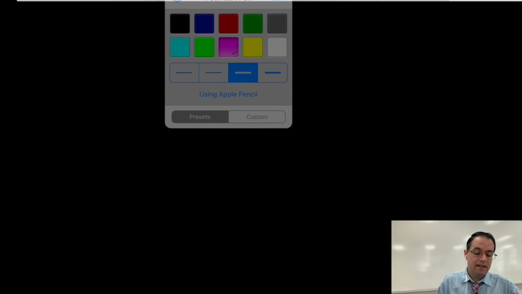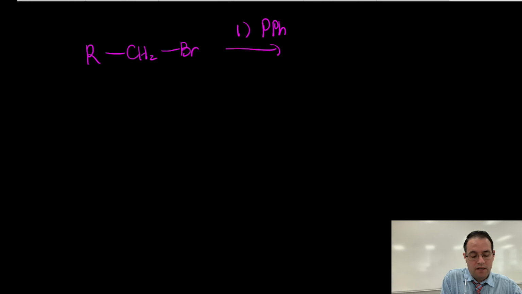Let me sketch that out here as a kind of general thing. Okay, so step 1, you're going to add triphenylphosphine. So that's phosphorus, and this is phenyl. Okay, so it's called triphenylphosphine, and that's going to make the salt.